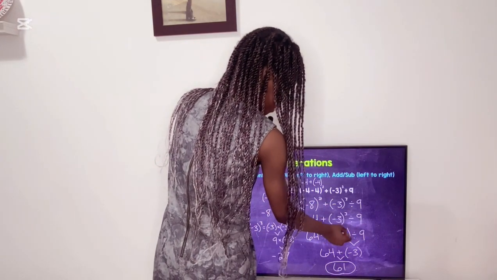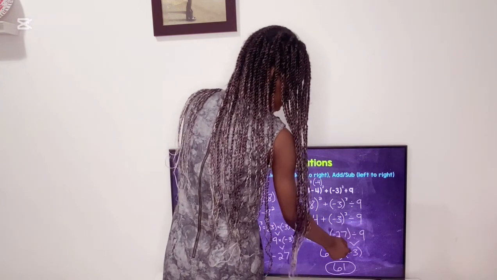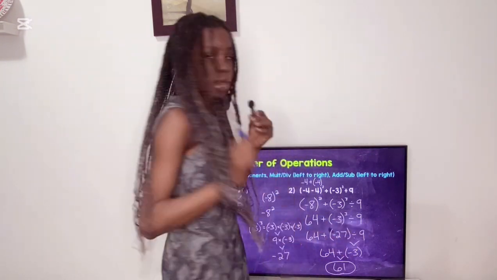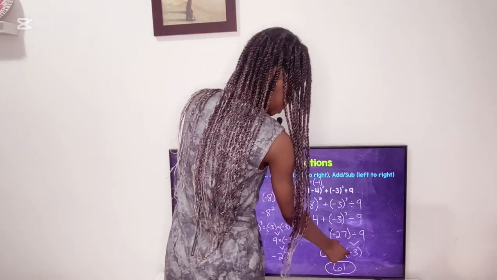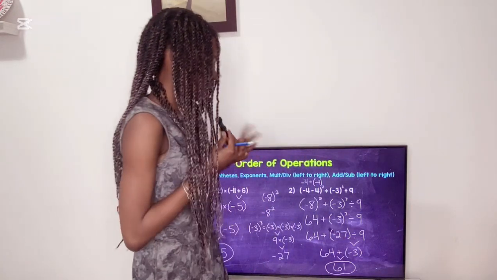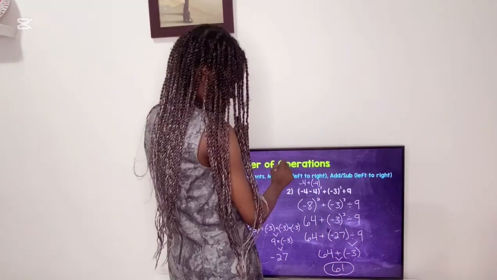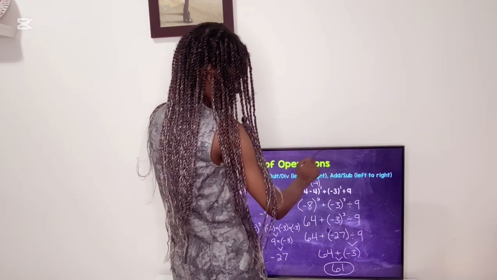So we're going to do -27 divided by 9, which will give us a -3. Again, bring down the ones we haven't used, which is the 64 plus -3. All right, so we'll bring down that, and that is basically our last step. 64 plus -3, that is going to give us a 61.